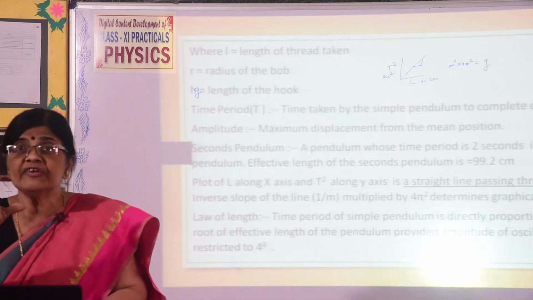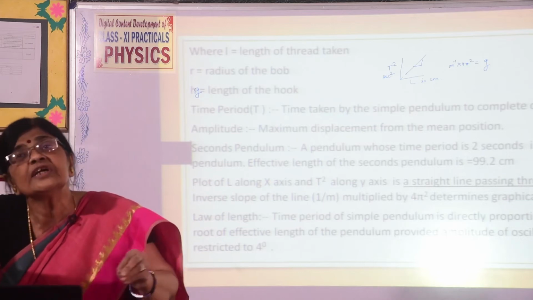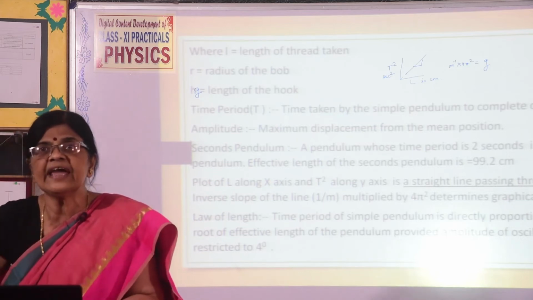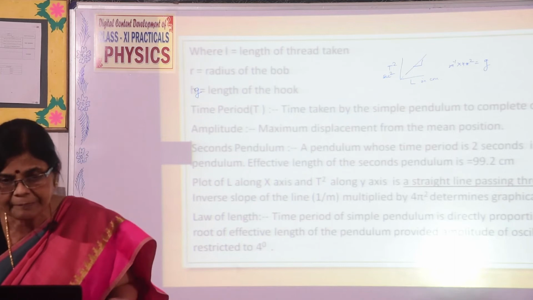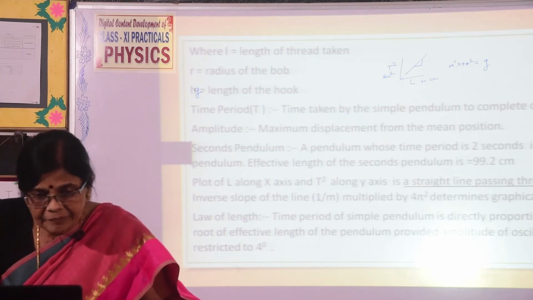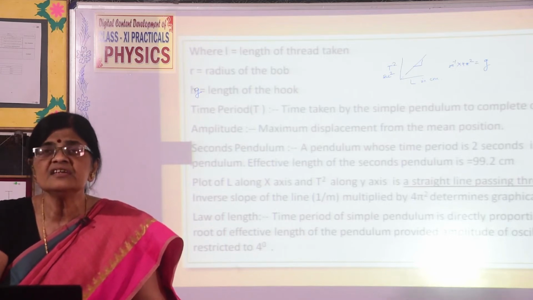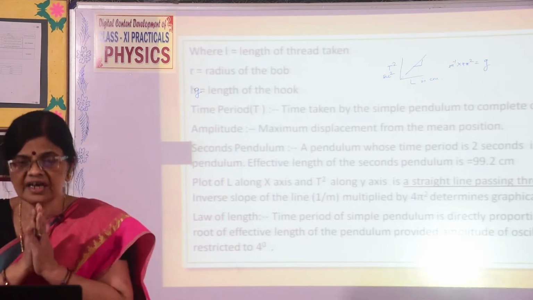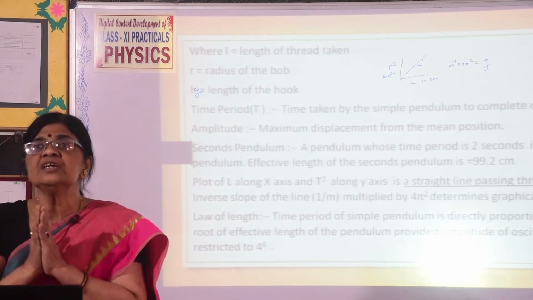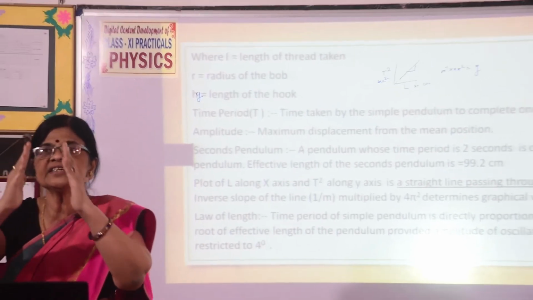So whenever you are writing the theory part, just show the trend of the graph, with L in centimeter and T square in second square. Then the law of length. These are to be mentioned in theory. What is the law of length? The condition for simple harmonic motion is that the amplitude of the oscillation should be restricted to 4 degrees.